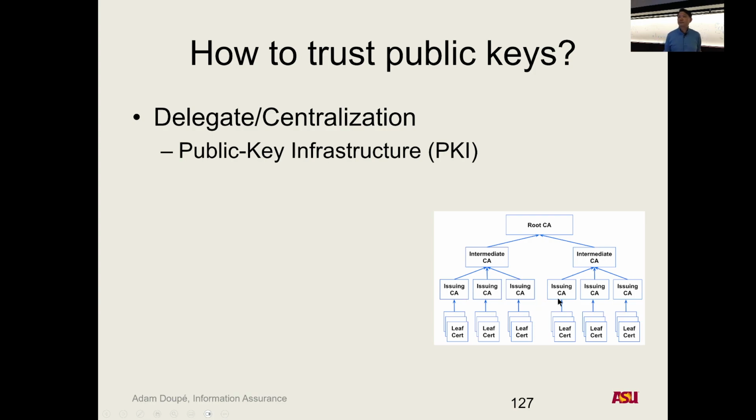This is a kind of organizational structure. They are managed well, but it is centralized management, right? In order to issue a certificate, they have to communicate with the issuing CA. The issuing CA must be certified by the intermediate CA, and the intermediate CA should be certified by the root CA. It's like a trust chain.